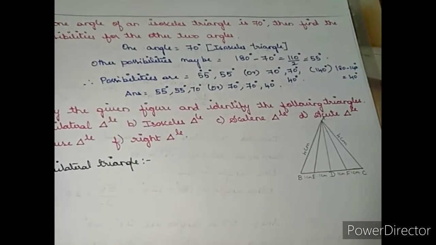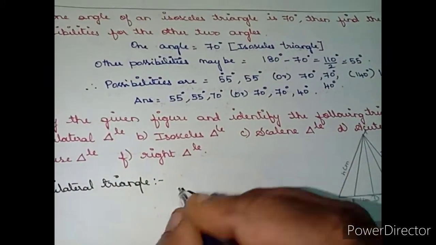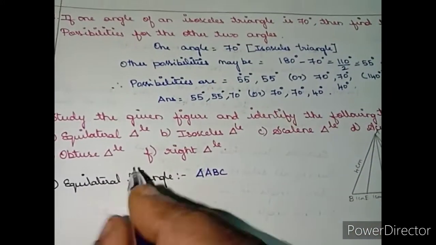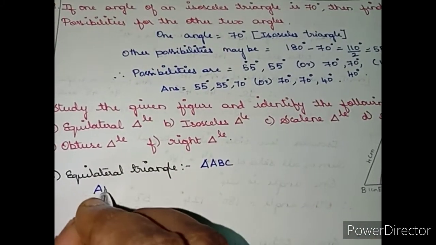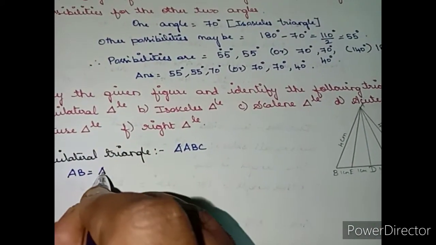If you see the equilateral triangle, as I already told you, what is an equilateral triangle? All three sides are equal. So, triangle ABC is an equilateral triangle because AB is equal to AC, 4 cm, 4 cm.